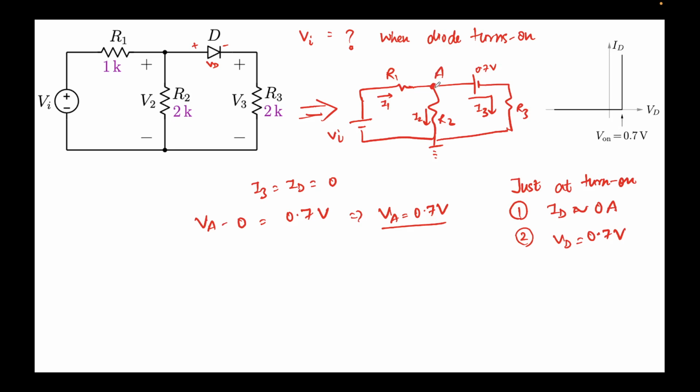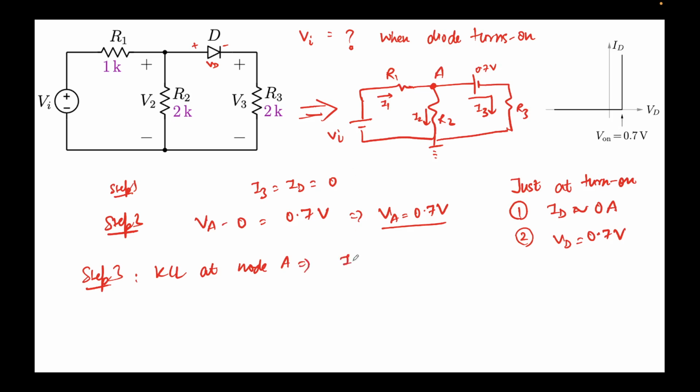Now the potential over here is 0.7, and I'm required to find VI also. So this is the first, this is the second concept. So I can write step 1, step 2, step 3. If I apply KCL at node A, what will this give me?